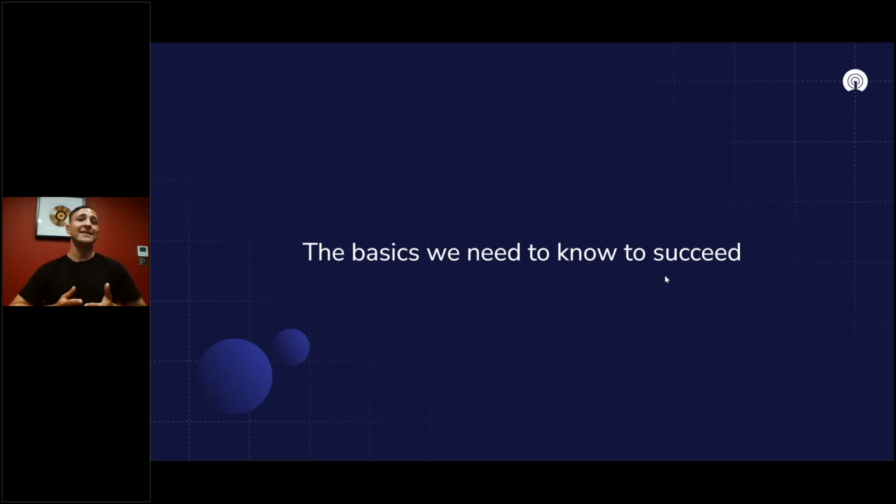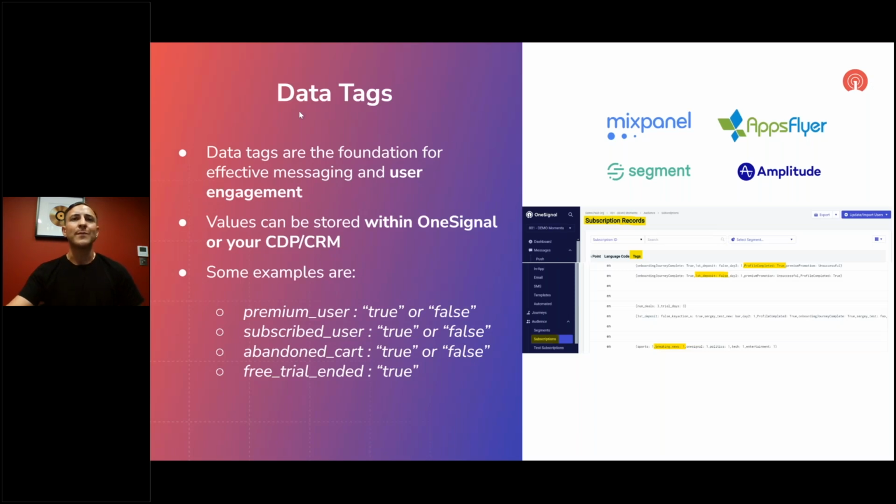All right, so let's go into the basics. What are the basics we need to know in order to succeed? And by succeed, I mean in order to generate revenue with OneSignal Journeys. I mentioned it at the beginning: it's data tags. Data tags are super important, the foundation of effective messaging and of engaging with your users.